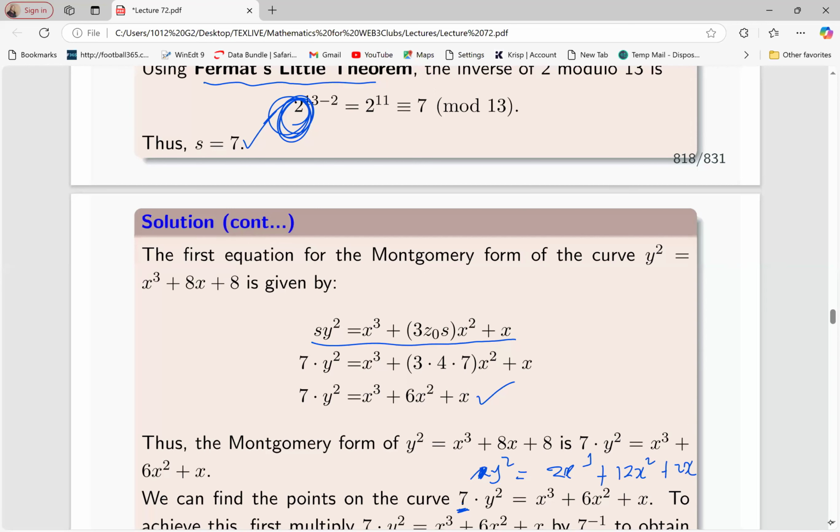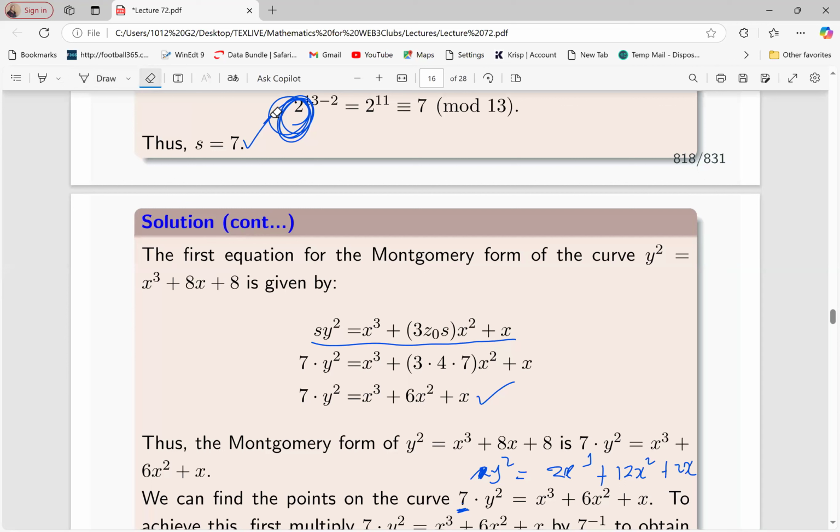Then find the value of y when x is 0, the value of y when x is 1, the value of y when x is 2, and so on. That's how you determine points of this. And of course, you're expecting them to be the same as the other points.